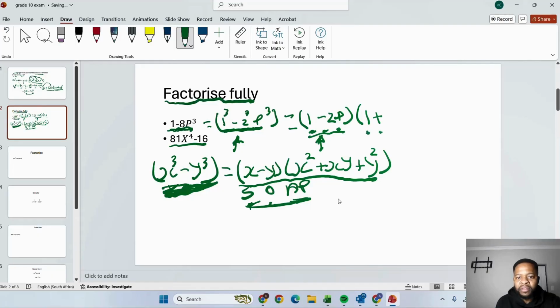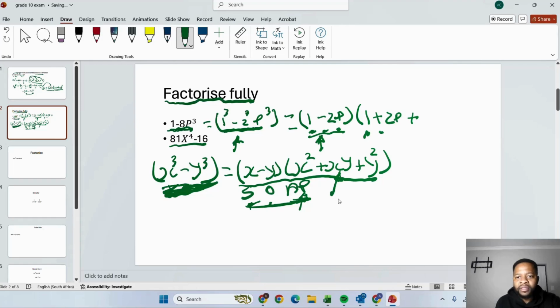Our first term is right here, squared, plus the product of the first term and the second term, like what we did right here. So we're going to have 1 times 2p, so we can put 2p, because any number multiplied by 1 stays the same number. And then the last rule says always positive, so we keep it positive: the square of the last term.